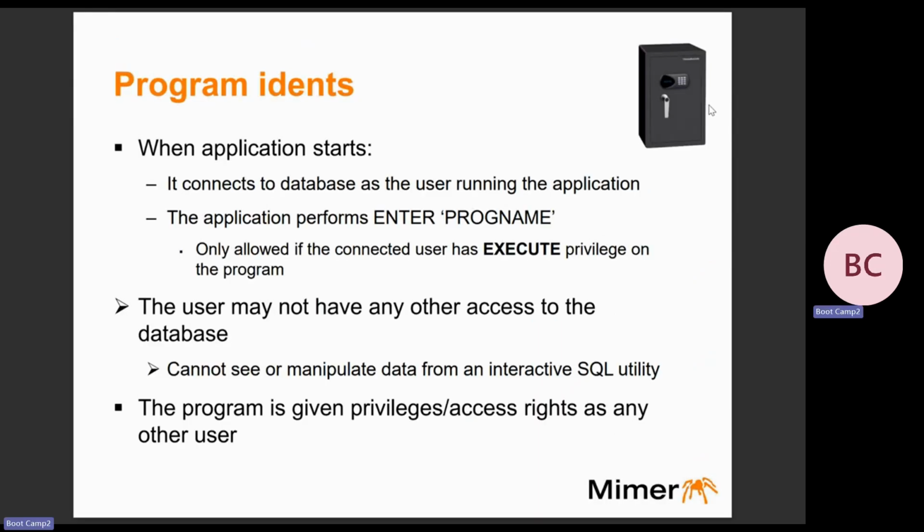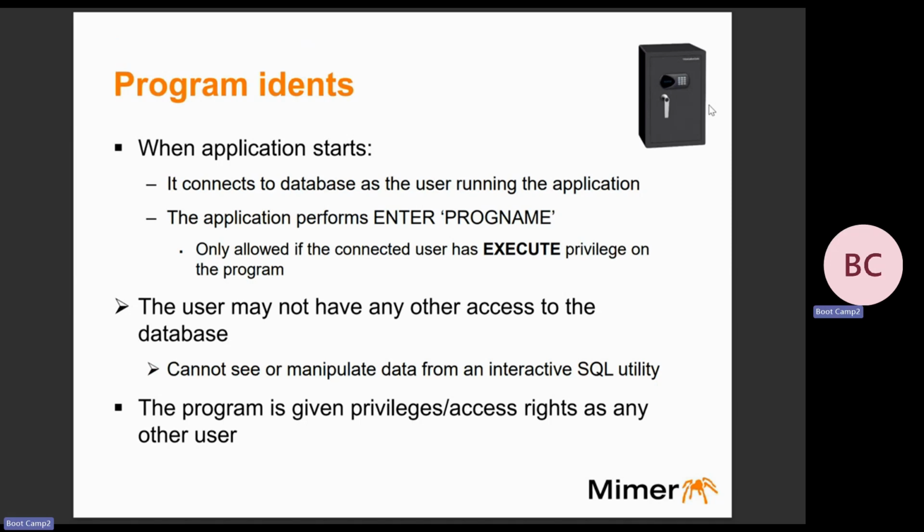In Mimer, we have something called program idents. So this is a special type of user that's actually an application program. Because a very common case is that, okay, we're developing this application and we're building in validation and we're building in rules on how to access the database, how to modify the database.